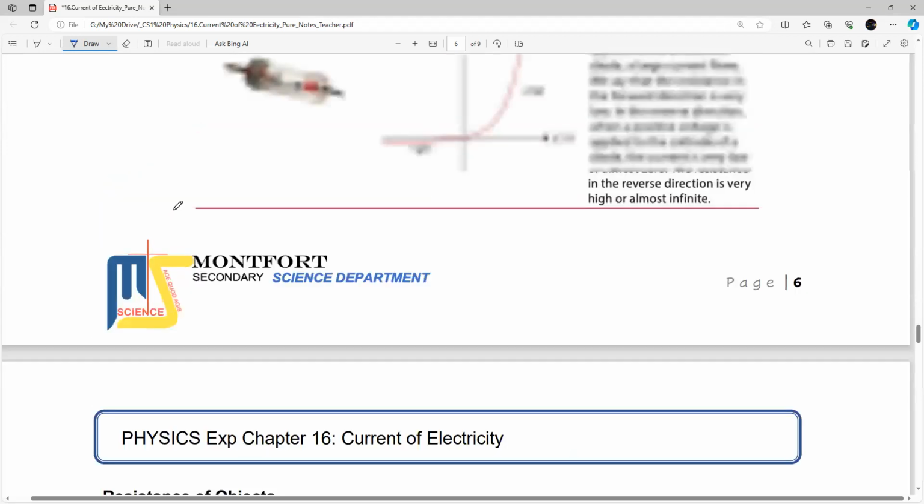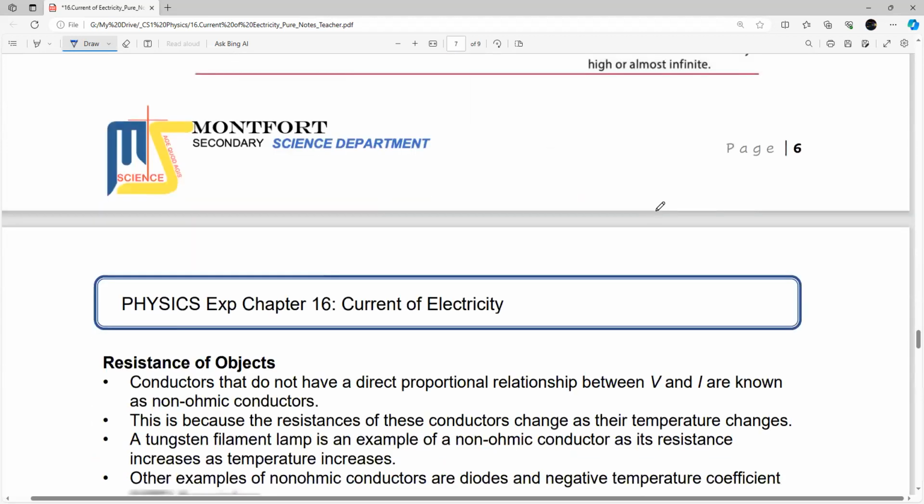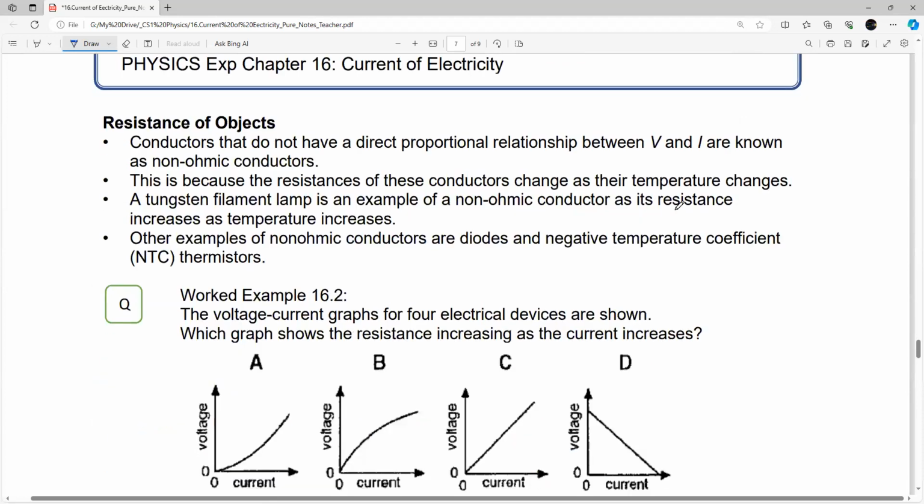For the tungsten lamp, as you see in the example above, its resistance changes as the temperature changes. So resistance actually increases as the temperature increases. So it's non-ohmic.